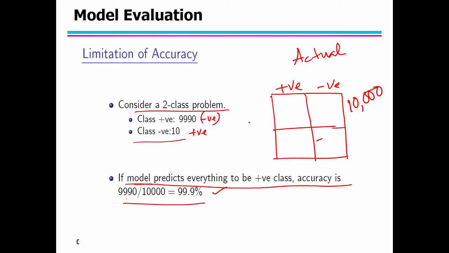The name was A, you change it to name B, right. You just shuffle it, we are not changing the characteristics of any object. And not only that, the model predicts everything to be positive class, we are keeping that fixed. So this is the predicted one.